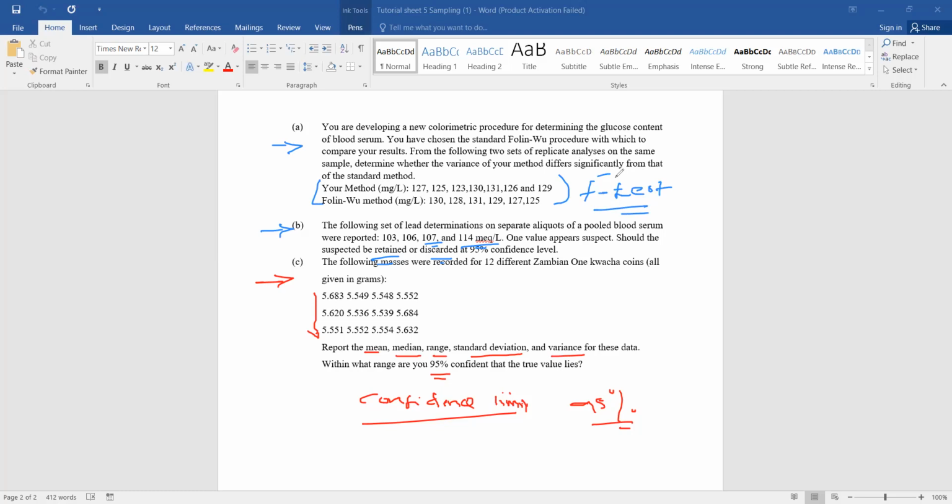Find the variances of the two so that you can have the F calculated. After finding the F calculated, you can now find the F tabulated and compare the two. If F calculated is greater than F tabulated, you conclude that there's a significant difference between the two methods. If not, there's no significant difference.